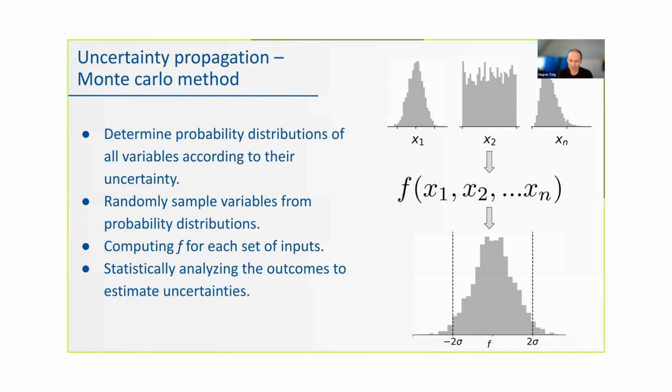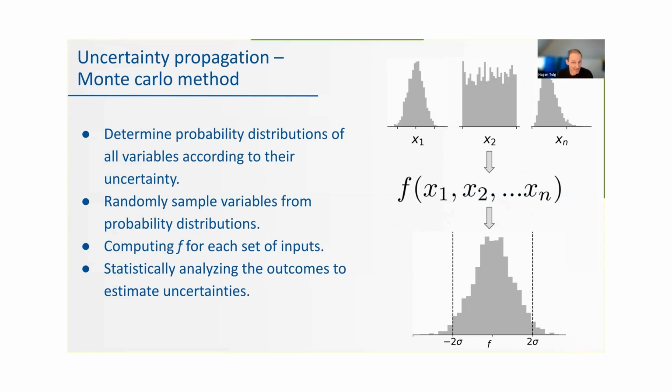And when you repeatedly take random sets of these variables and feed them into your model, then eventually you will end up with a distribution of your dependent variable, the scattering coefficient, that you can do your statistical analysis on, including your uncertainty estimate.